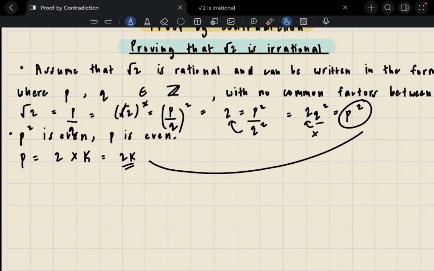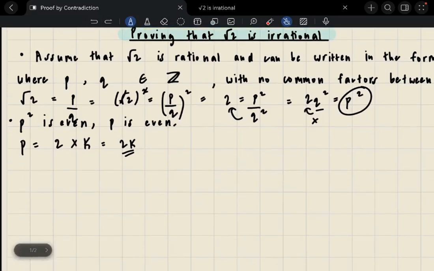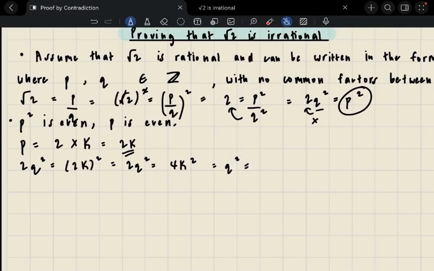Let me just remove that so there's not too much scribbles. And I'm going to write it as 2q squared equals 2k whole square, and then open the brackets, so I get 2q squared equals 4k squared, and then q squared will be equal to 4k squared over 2, the 2 gets cancelled, and then I have q squared equals 2k squared.